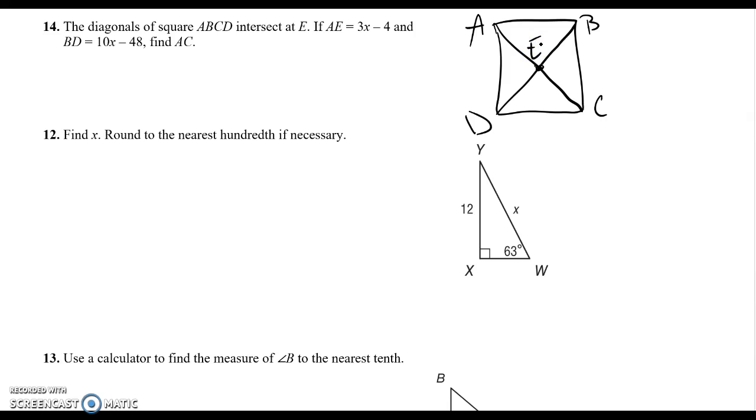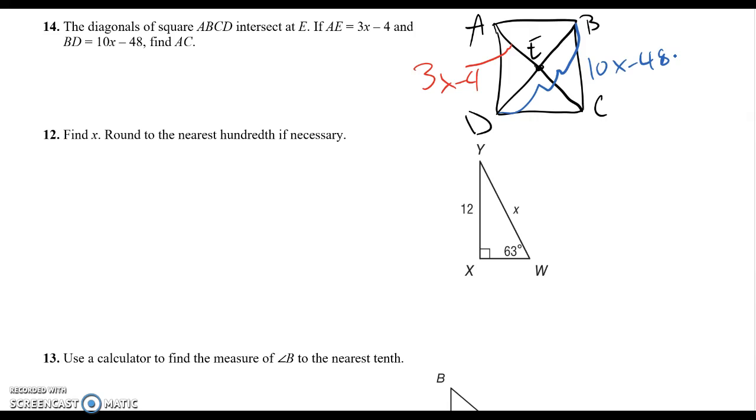Okay, and then it says AE, so this part of the segment right here, is 3x minus 4, and BD, so this whole thing right here, is 10x minus 48. But we're talking about a square, which holds all the properties of parallelograms we've learned.